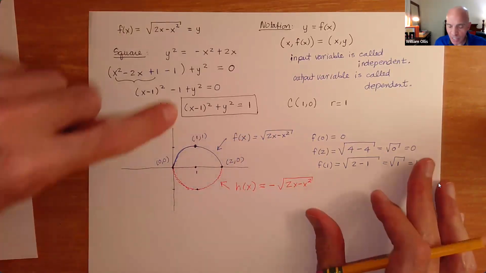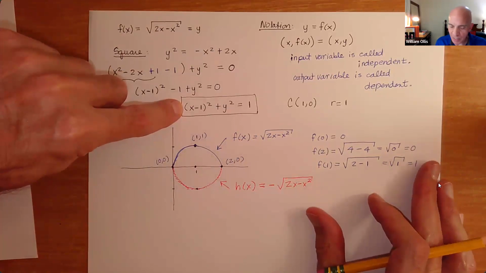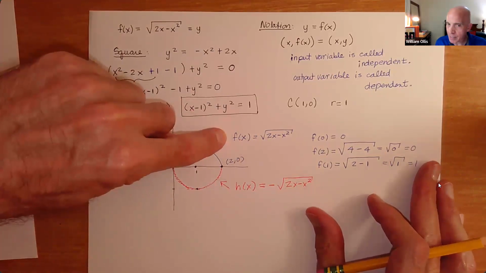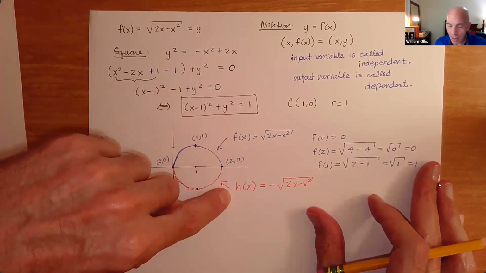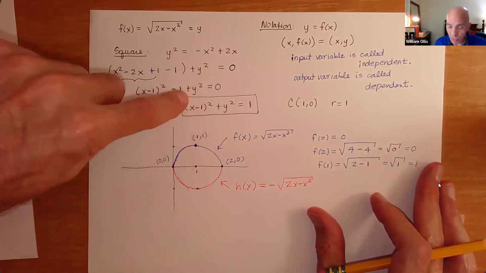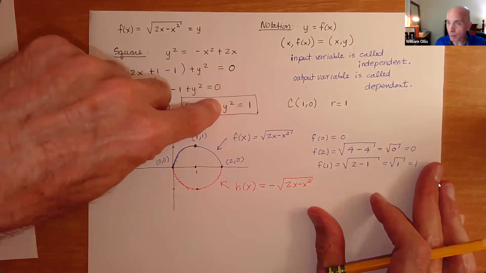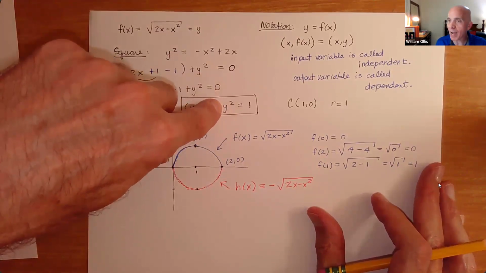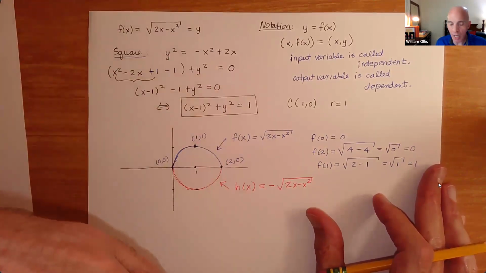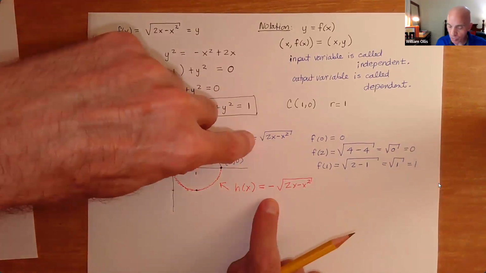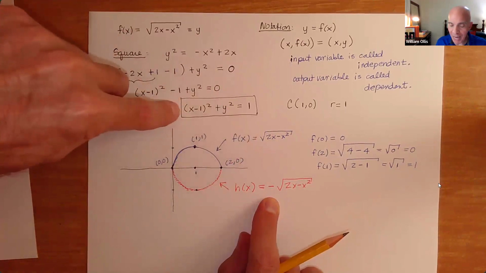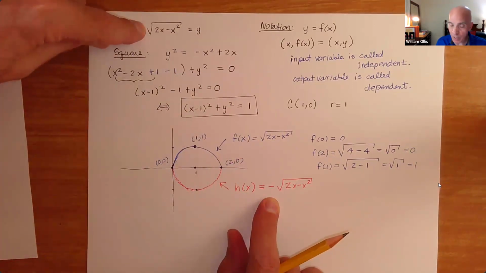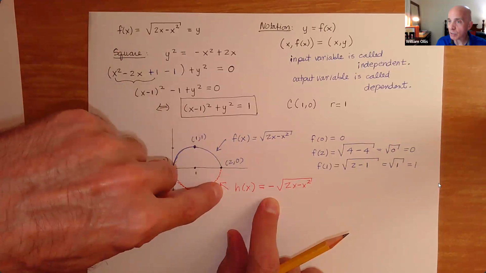That is, we say this equation implicitly defines f of x, and it implicitly defines h of x. Because if we work this backwards, throw everything on one side and apply the square root principle, y is plus or minus a square root, which gives us these two functions.